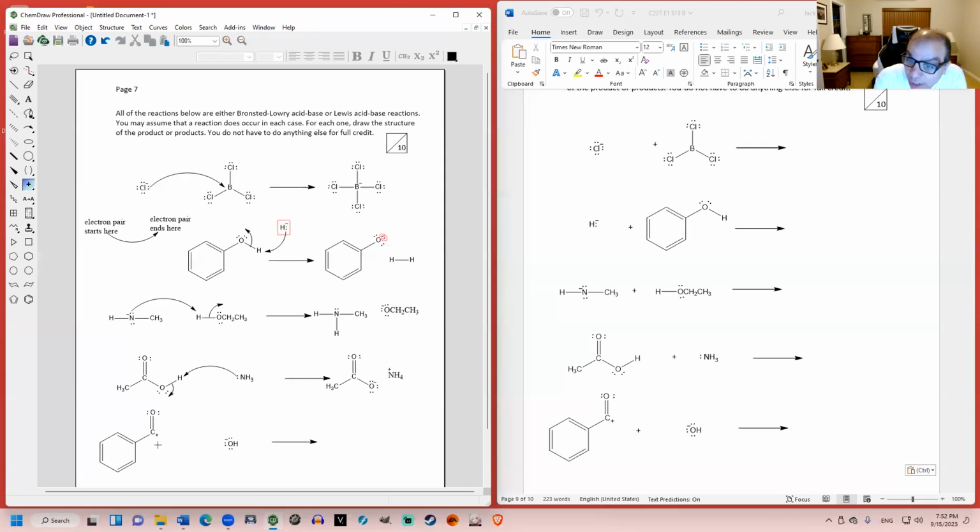So anything that wants an electron pair is going to be a Lewis acid. By definition, that's what a Lewis acid is. Something that's an electron pair acceptor. So our arrow is going to start at the Lewis base and end at the Lewis acid.